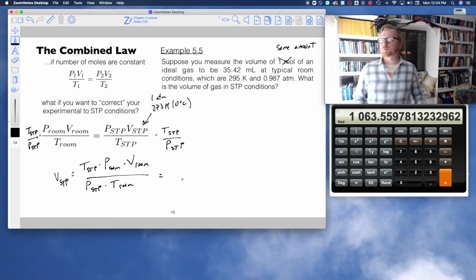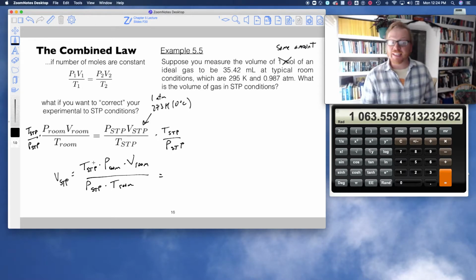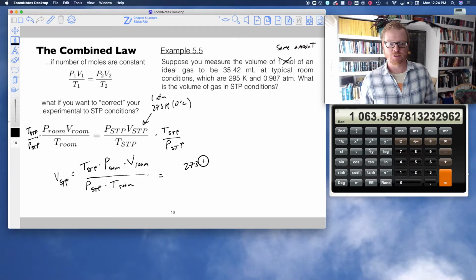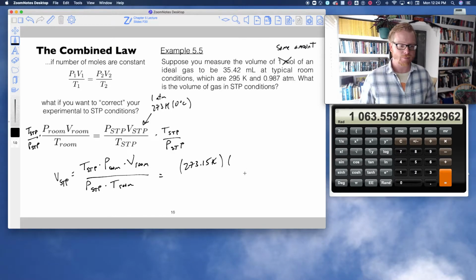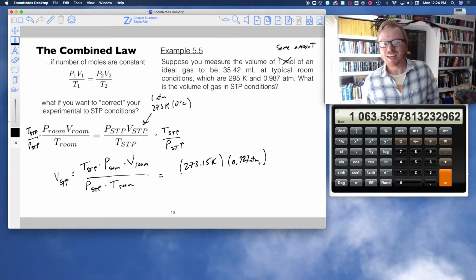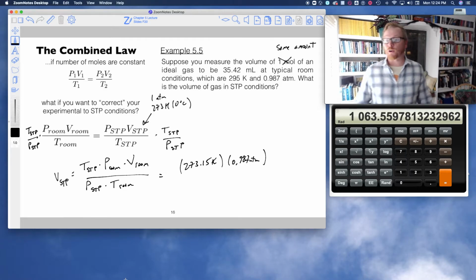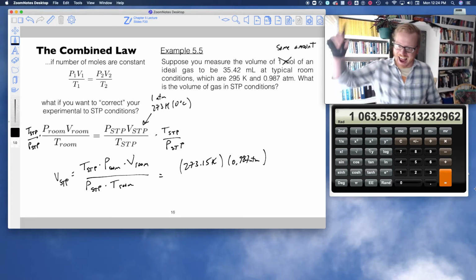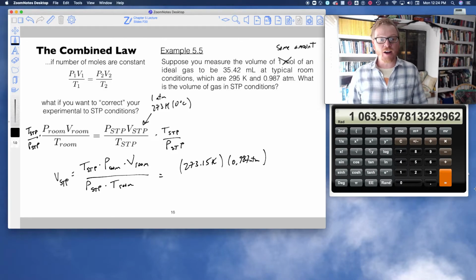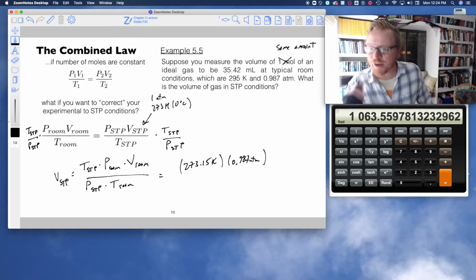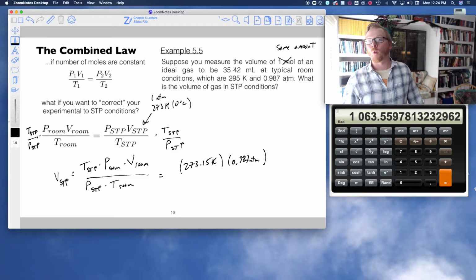And now all we've got to do is plug in what we know. So we know T STP is 273.15 Kelvin, okay? So I'm going to put that in there, 273.15 Kelvin with all the digits to get an accurate answer. So P room, they tell me the pressure of the room is 0.987 atmospheres, not exactly 1. And very rarely, even at sea level, here in Humboldt County, is the pressure actually ever 1.00 atmospheres, right?